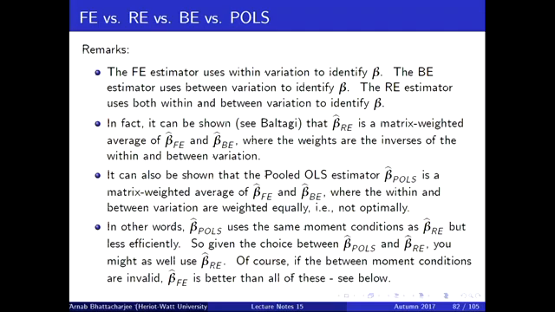It is not using the full information available within the data structure. So pooled OLS uses the same moment conditions as random effects but less efficiently. So given the choice between pooled OLS and random effects, you might as well use random effects. Okay?